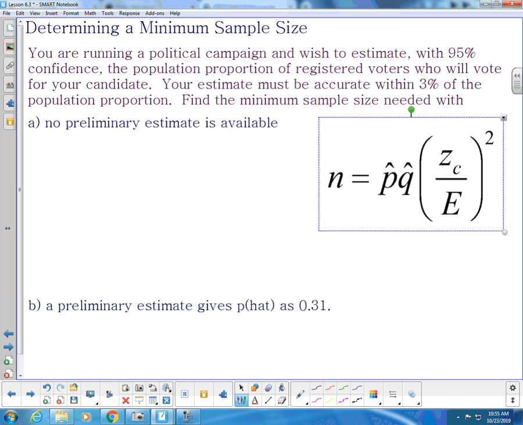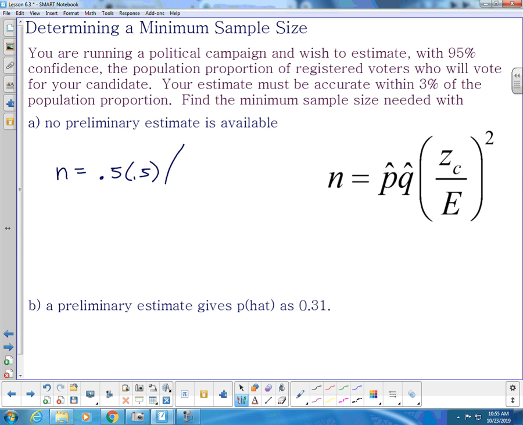So we do not have a p hat or q hat, so we're going to use 0.5 times 0.5 times 95%, 1.645 over error, which is 3%, and we are squaring it.